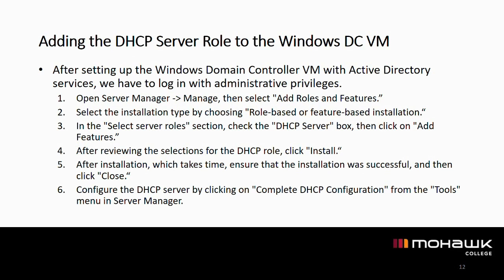Adding the DHCP server role to the Windows domain controller virtual machine. A similar process should be done for adding the DHCP server role to the Windows domain controller virtual machine. After setting up the Windows domain controller virtual machine with the Active Directory services, we have to log in with administrative privileges.